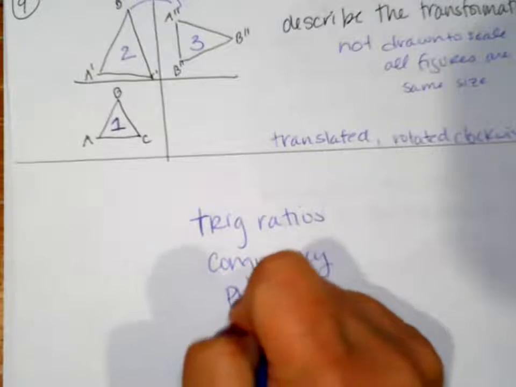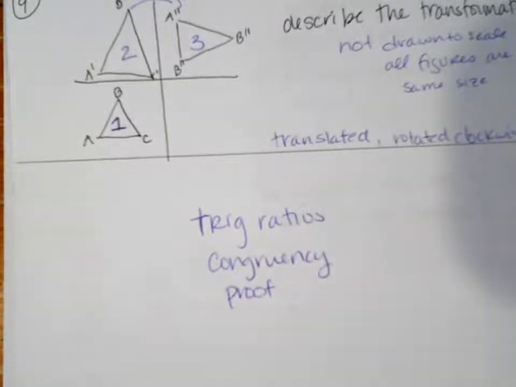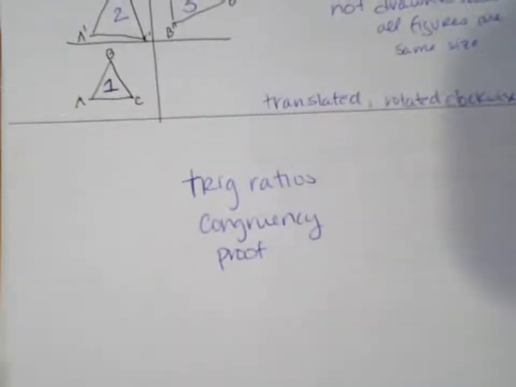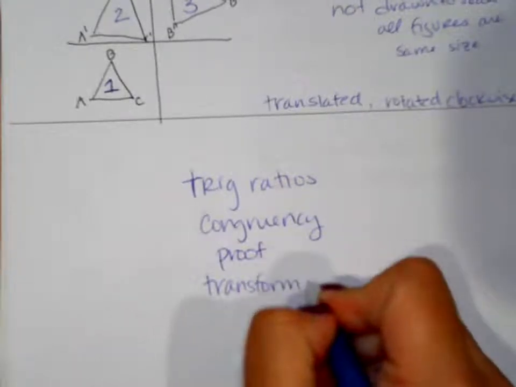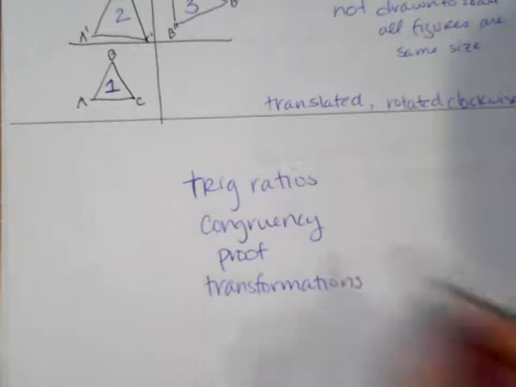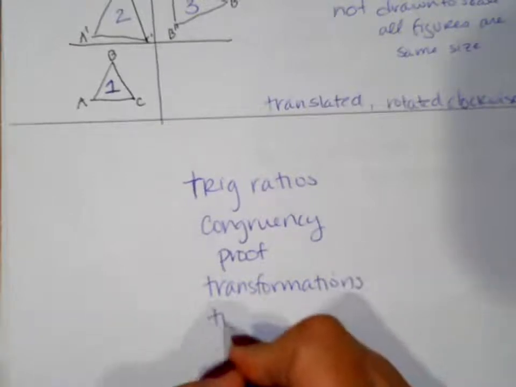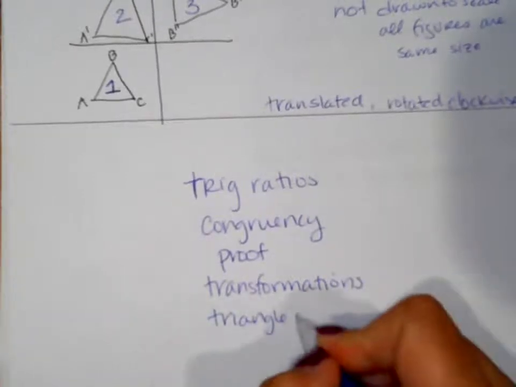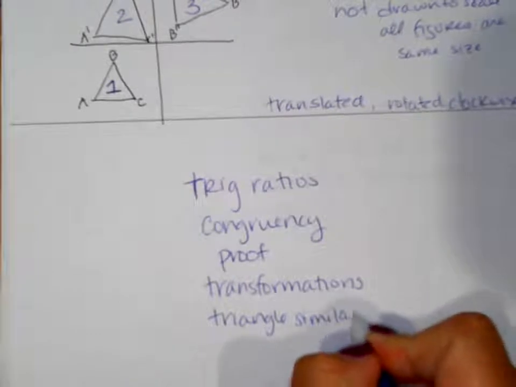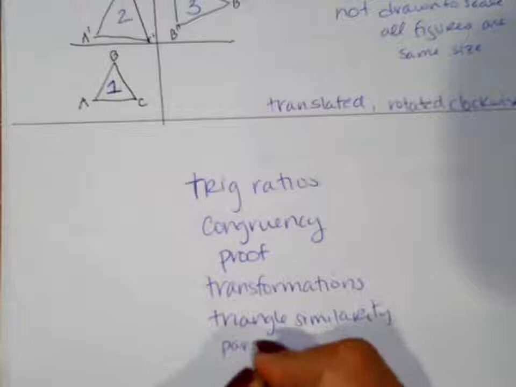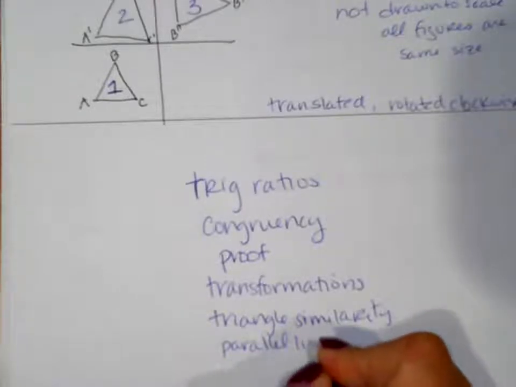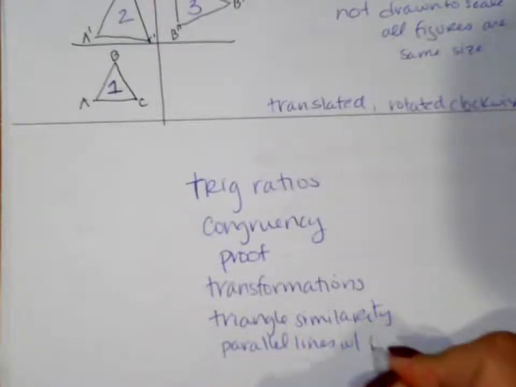There is one proof. There are a lot of transformations. And there is triangle similarity. And I believe actually there is one parallel line question. Parallel lines with the transversal.